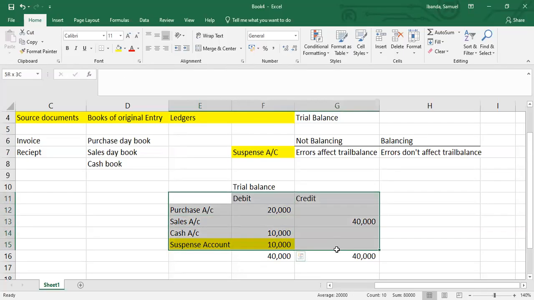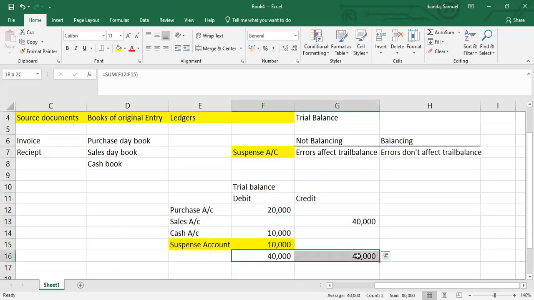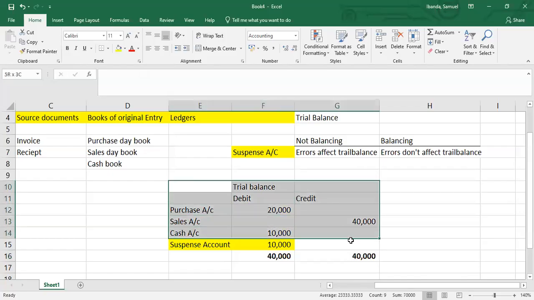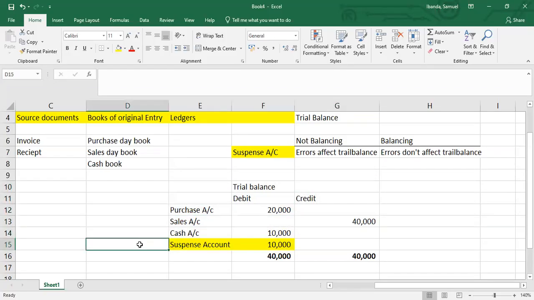Just to also comment on this suspense account. Other than coming in at this level, suspense accounts can also be brought within our books when we don't know the alternative account, when we are not aware of the alternative account to post to.